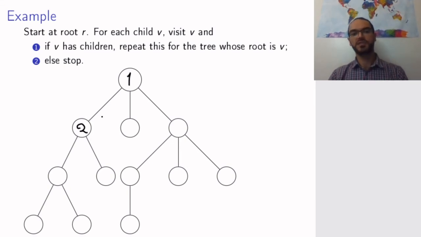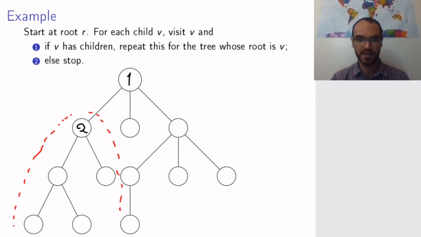And when you have a rooted tree, each vertex induces a subtree that has this vertex as its root. So you have this part, which is somehow a tree of its own, and it is there that we repeat this. So we repeat the process.